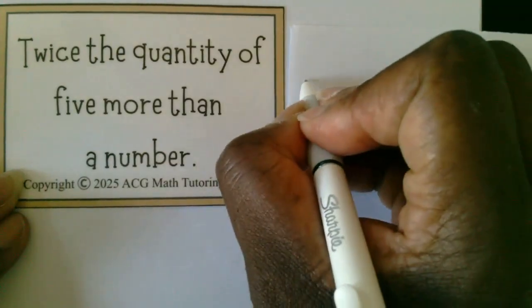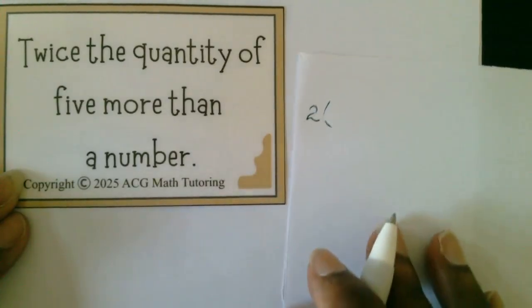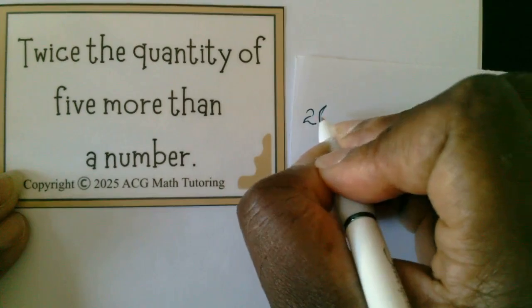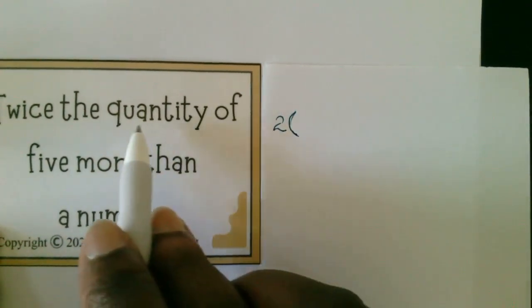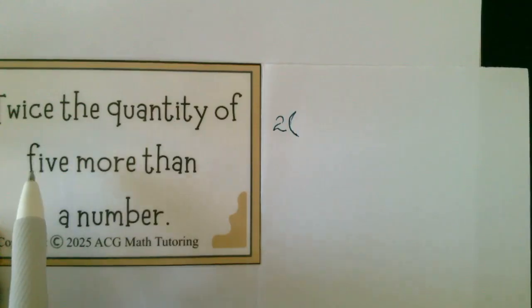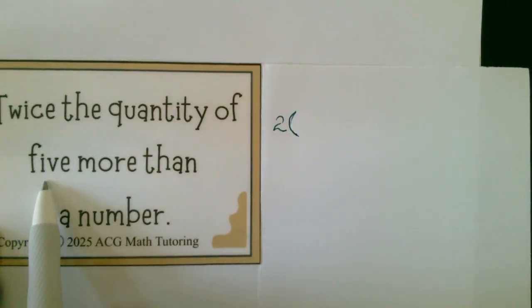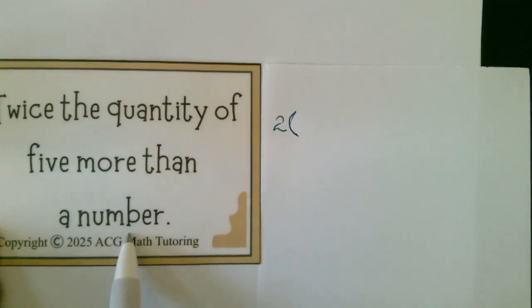So take a look. We have our 2, and then it mentions the quantity of. So the quantity of, this is when I'm putting a parenthesis, because I'm not taking twice of just the 5. I'm not just taking twice of just the number. I'm taking twice of the 5 and the number.